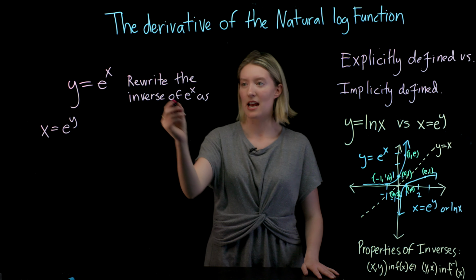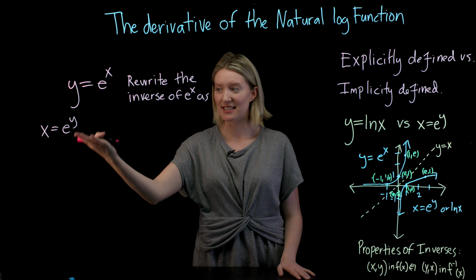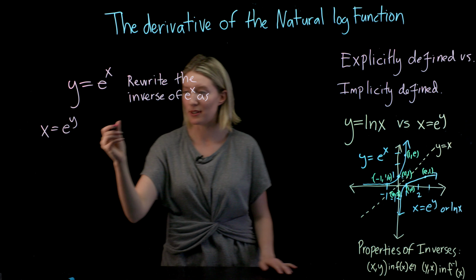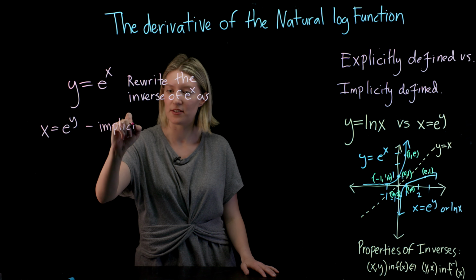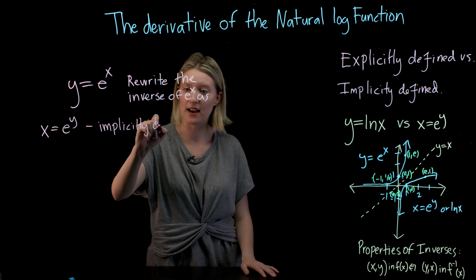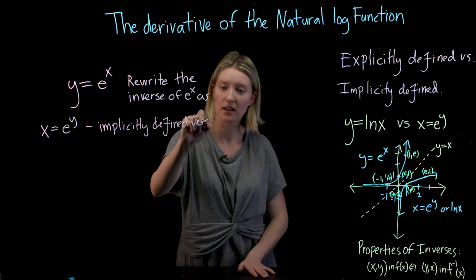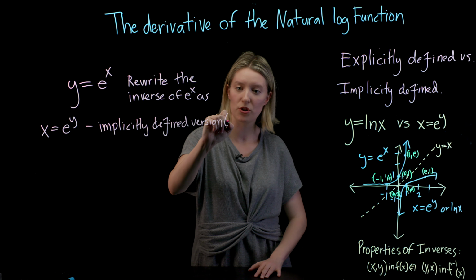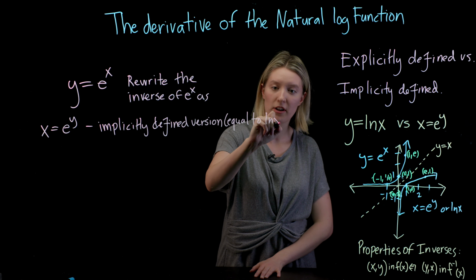But in this case, I'm rewriting the inverse, which is the natural log of x, as x equals e to the y, and this is implicitly defined. So this is the implicitly defined version, which is equal to the natural log of x.